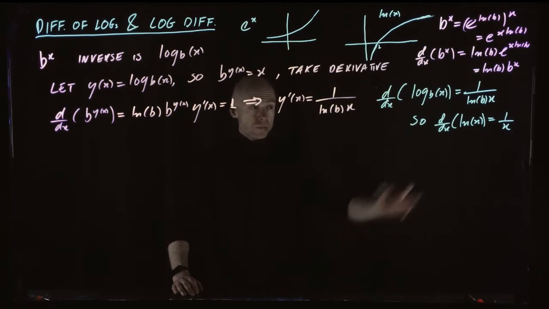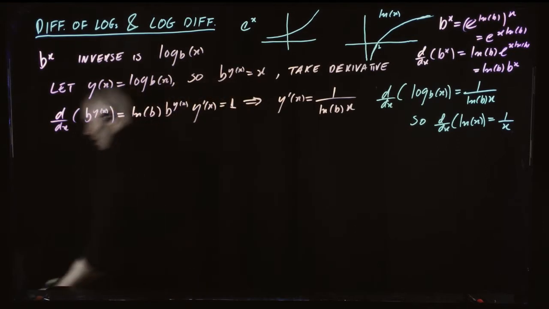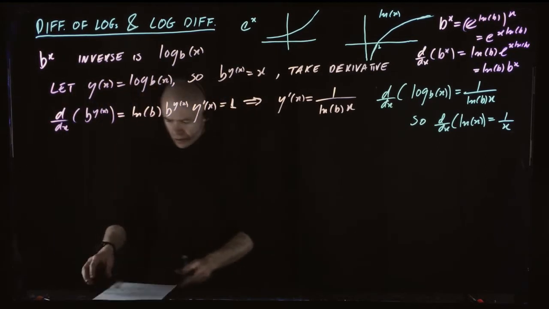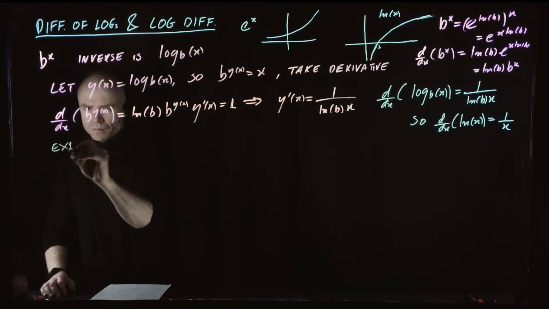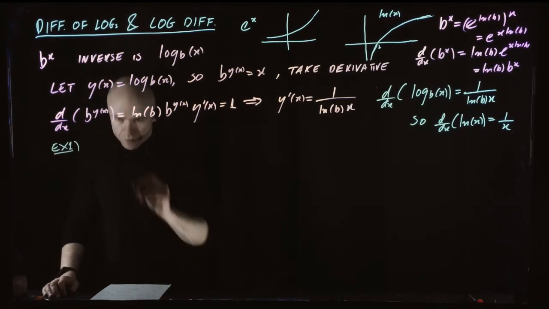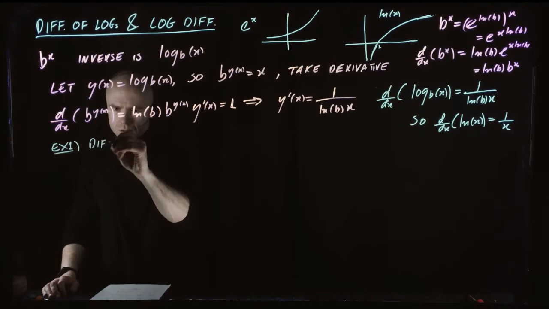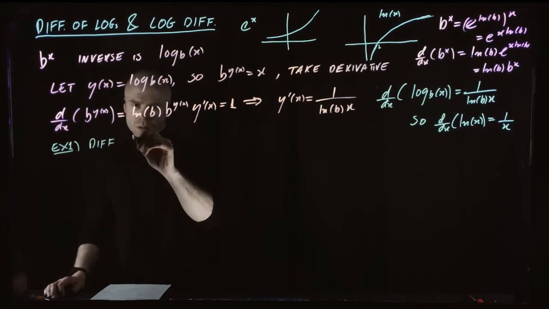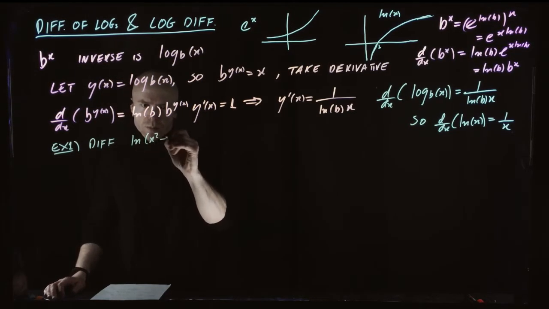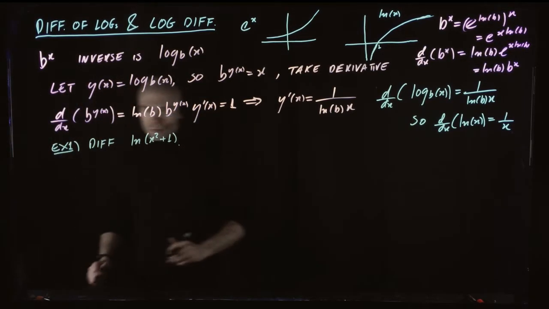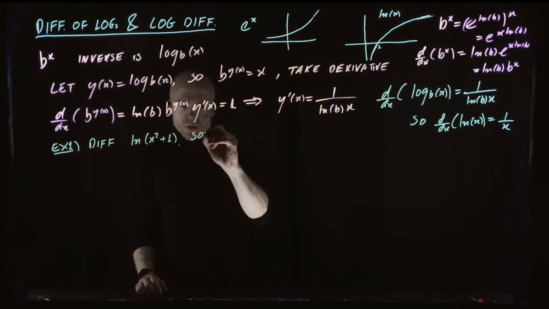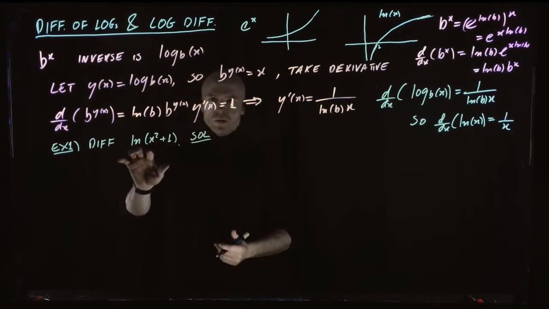All right, so these are our guys, and now we can do some examples calculating with derivatives of log. So this is the first example. Let's differentiate log of x squared plus 1. Okay, solution. It's going to be the chain rule. The outer function is log.